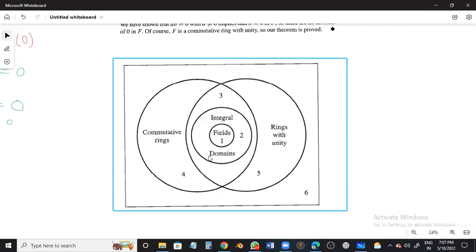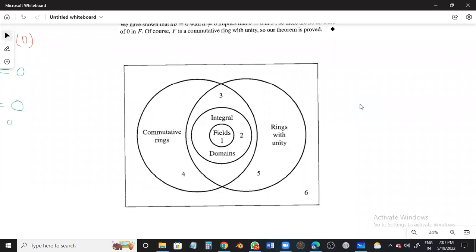Now, what is an integral domain? Last time we have seen an integral domain. It's a commutative ring with unity where there are no zero divisors. So that is an integral domain. And going a bit ahead, we have shown that every integral domain is nothing but a field.